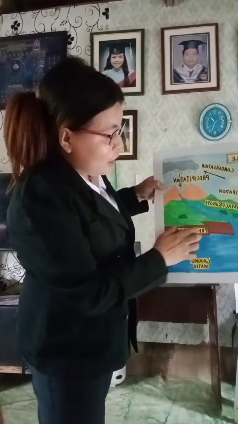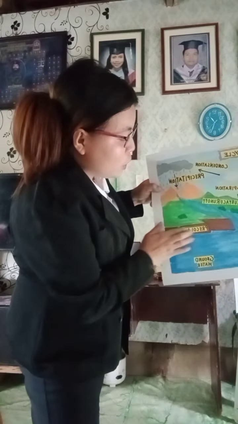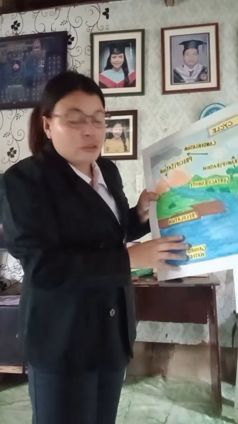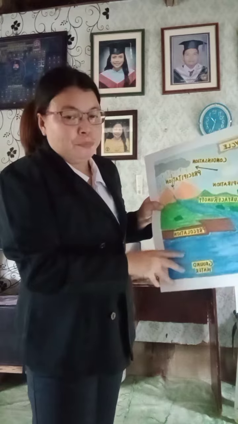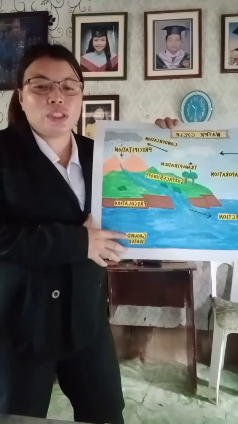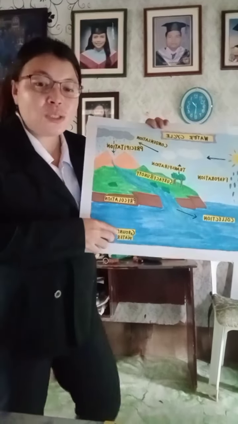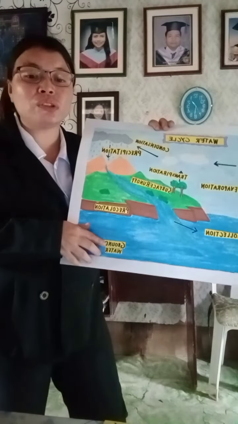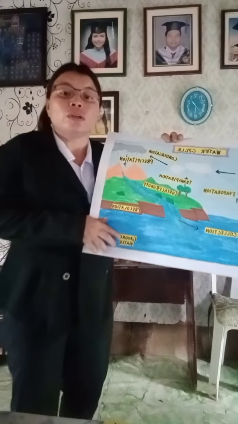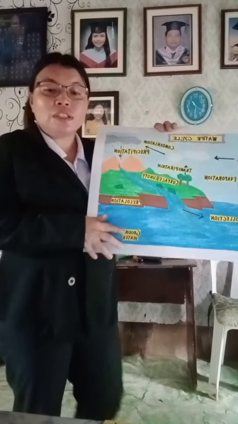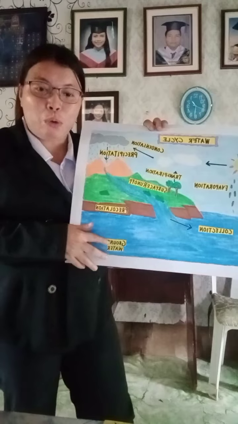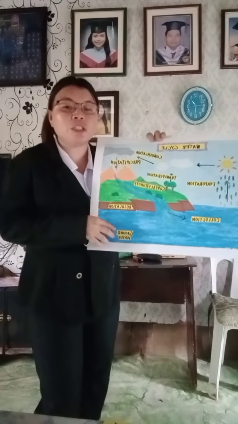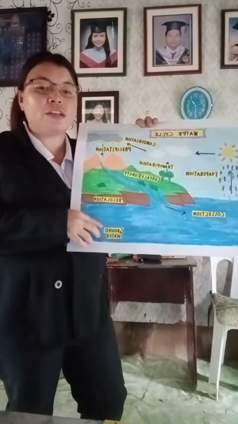So this is it here, class: in percolation, the water goes down into the groundwater. As the water moves through the soil and the rock layers, many of the impurities in the water are filtered out. This filtering process helps clean the water. Water also moves into caves formed by carbonation, forming many other karst features.